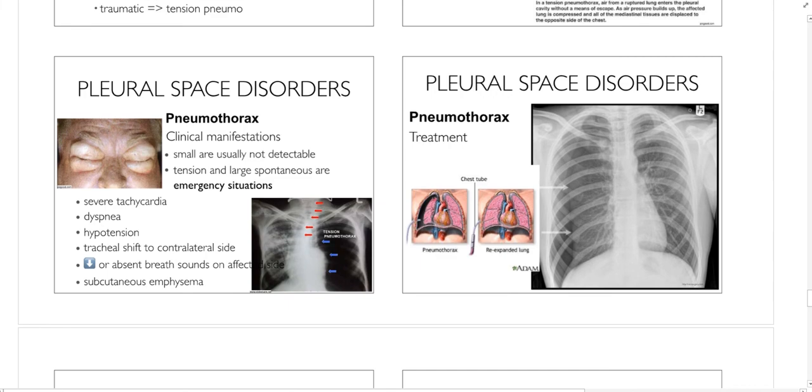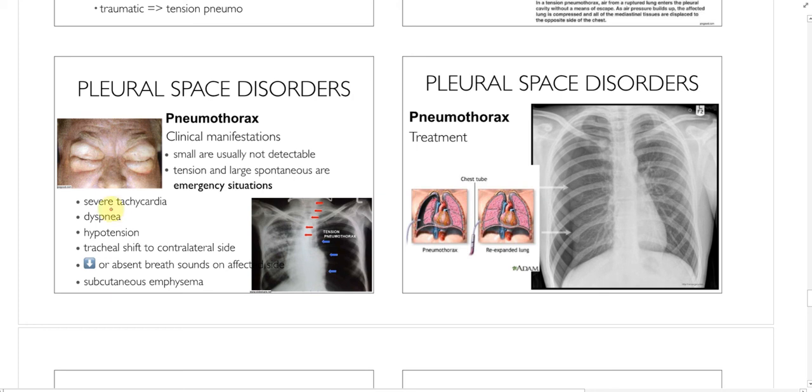So with a pneumothorax, if they are small, they're not usually detectable. They kind of develop a little more slowly. You start noticing, I'm having some trouble breathing that I shouldn't have. If they are large or a tension, they are completely emergency situations. People can die from them.